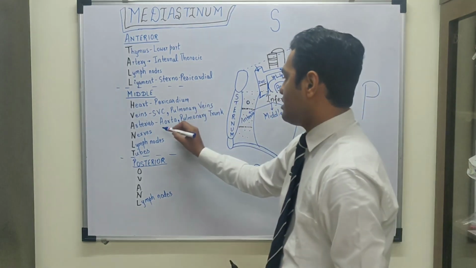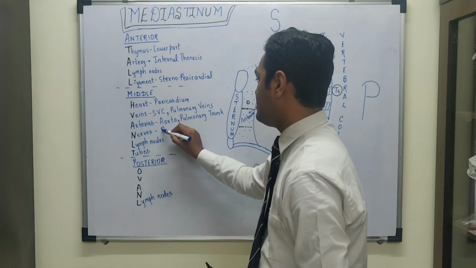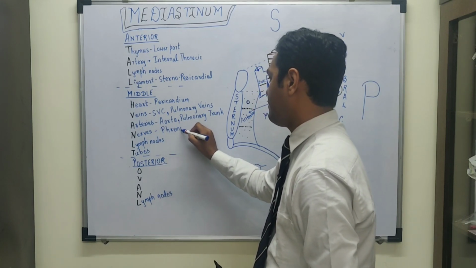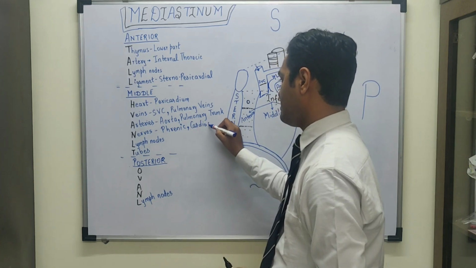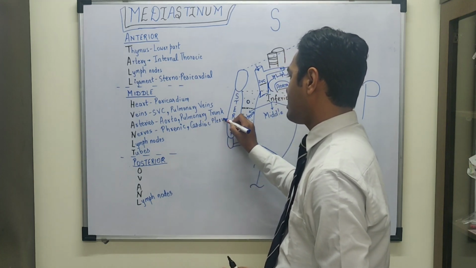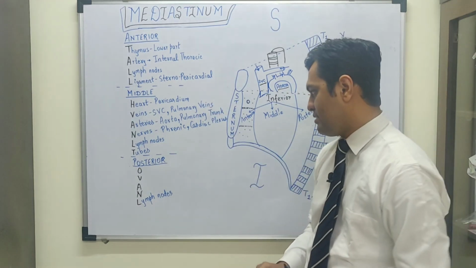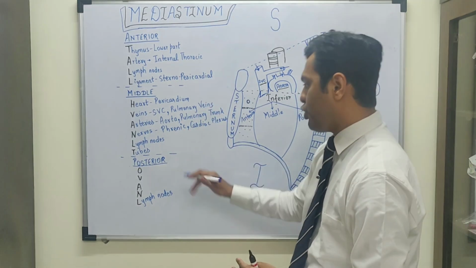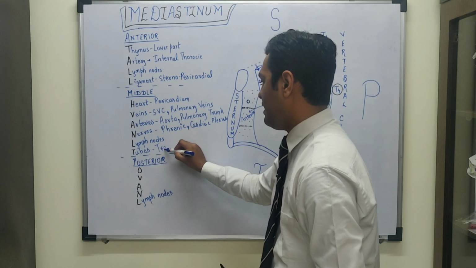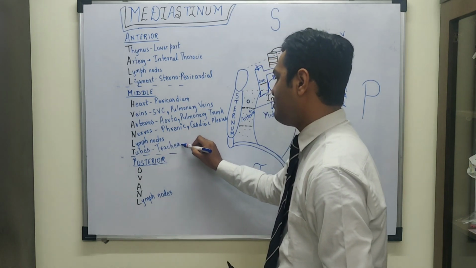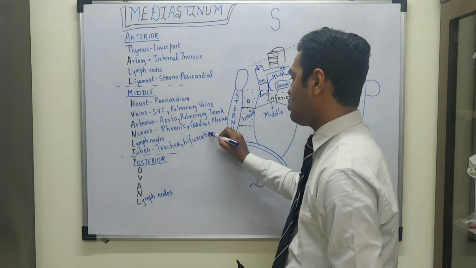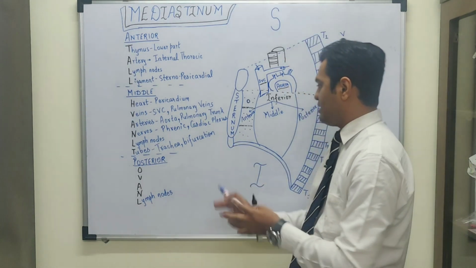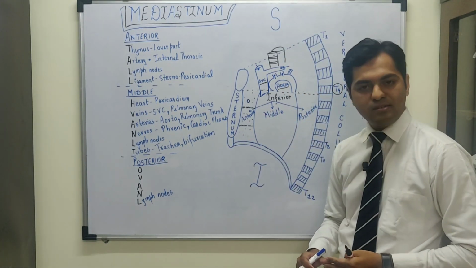Among the nerves, the specific nerve present is the phrenic nerve, and the cardiac plexus also forms a content of the middle mediastinum. Then the lymph nodes, and the tubes, specifically the trachea and its bifurcation into the respective bronchi. So that is the part of the middle mediastinum.